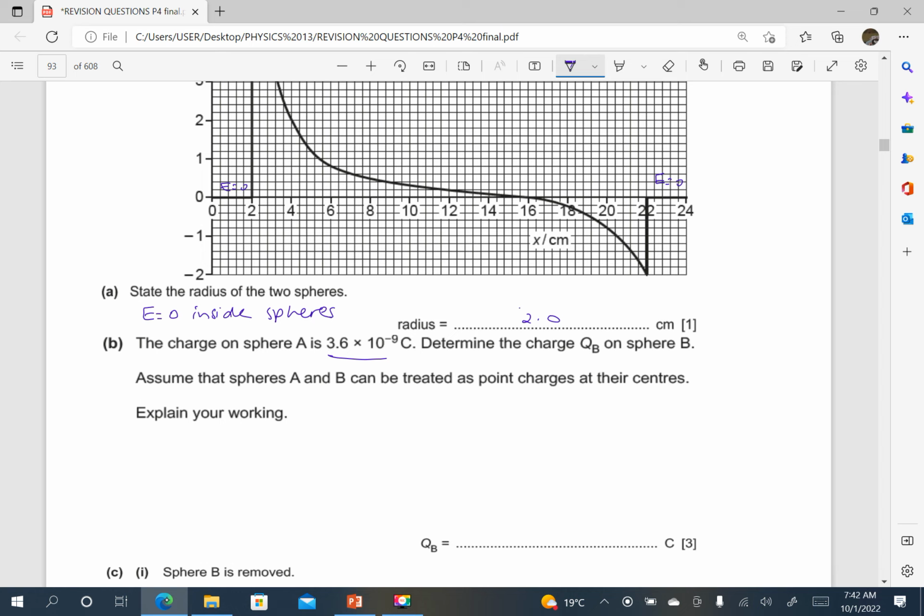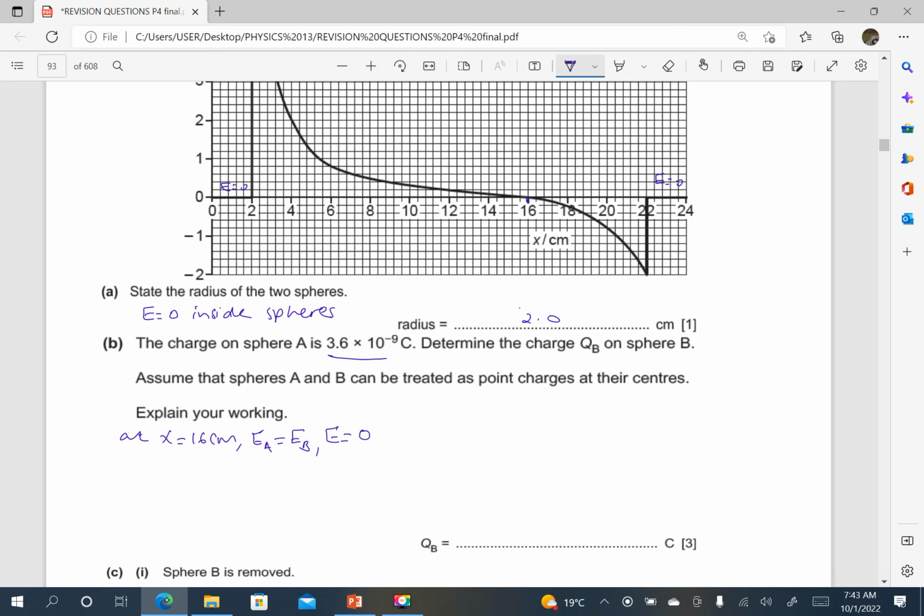For example, the graph is crossing the x-axis at x equals 16. So at x equals 16 centimeters, the value of E due to sphere A is the same as the value of E due to sphere B. And at this point, the resultant field strength is going to be equal to 0.